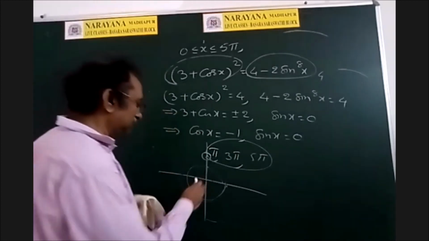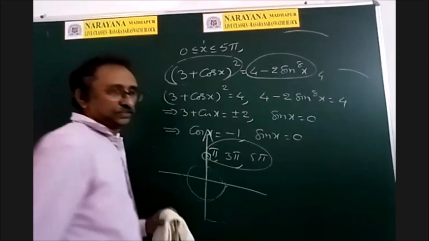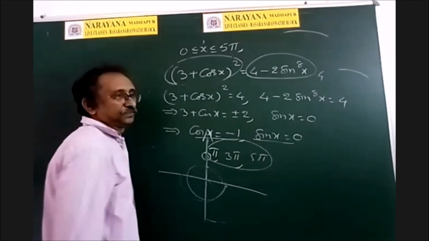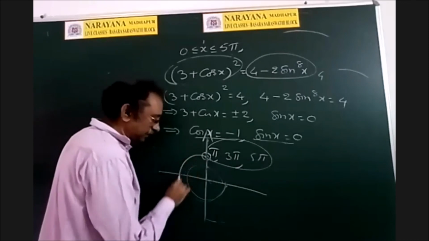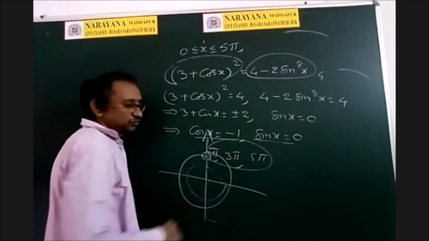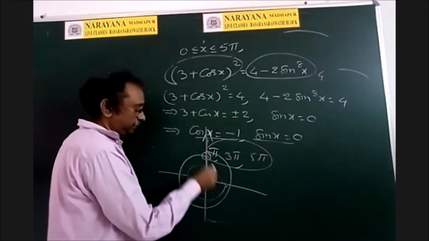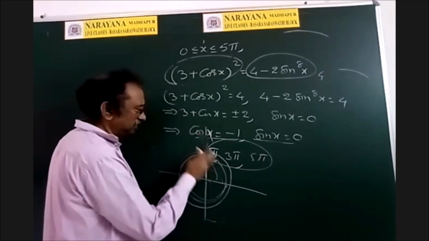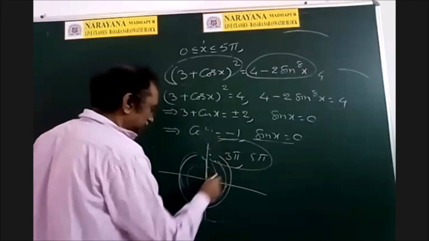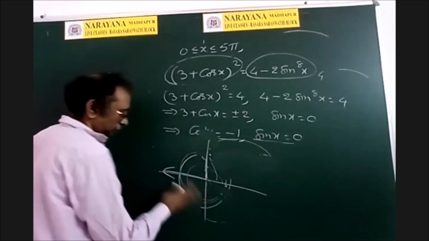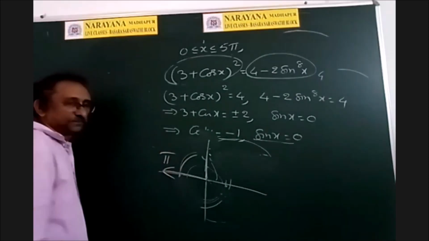π means this line. So whenever we get this line, you will get these two. If you rotate once again by 2π, you will get again this one. Okay, so this is π.